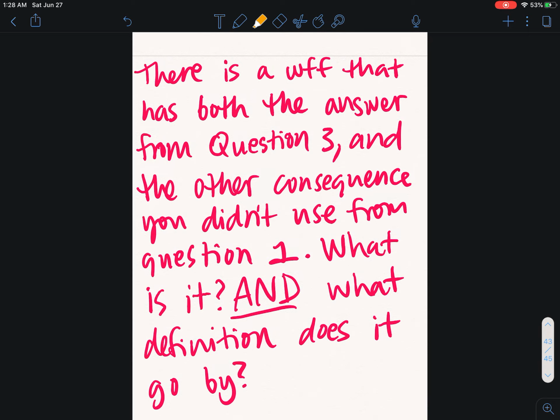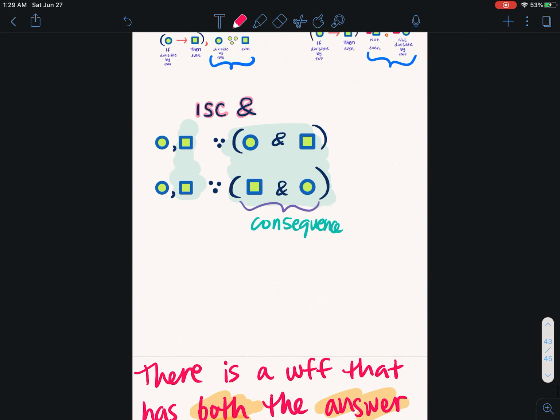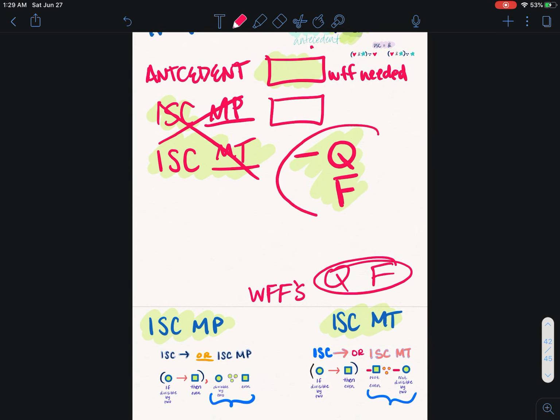There's a wolf that has both the answer from question 3, meaning not Q, and the other consequence that you didn't use from question 1. What is it? And what definition does it go by? And remember, the clues we were given were these two.